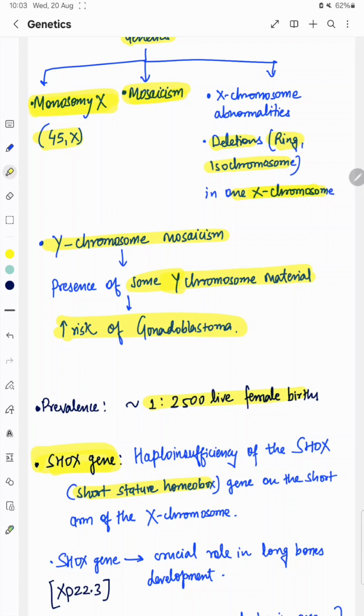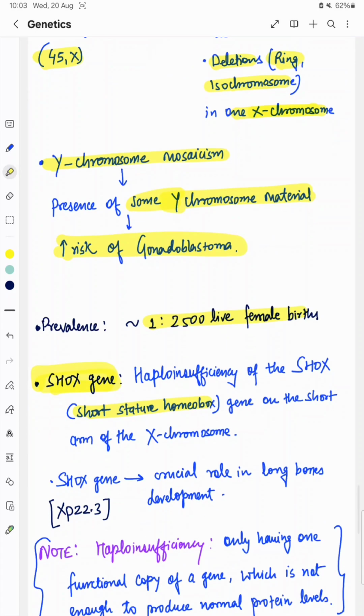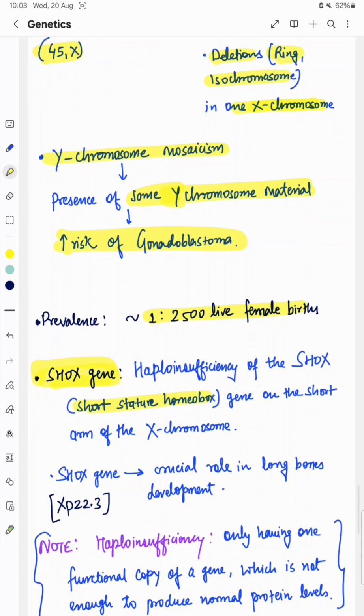As we know, the SHOX gene is responsible for the development of the long bones. But in Turner syndrome, we have only one copy of the X chromosome. That's why there is a relative deficiency of the SHOX gene, which is responsible for the growth of long bones. Due to this decreased amount of the SHOX gene, there will be stunted growth.